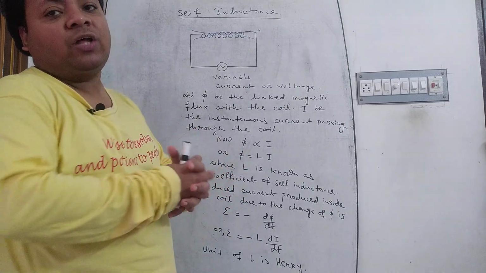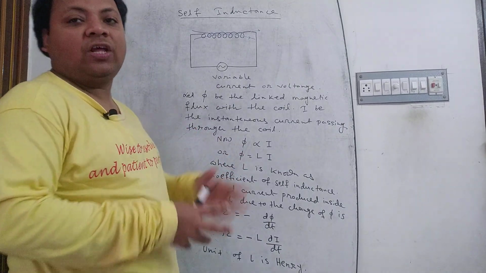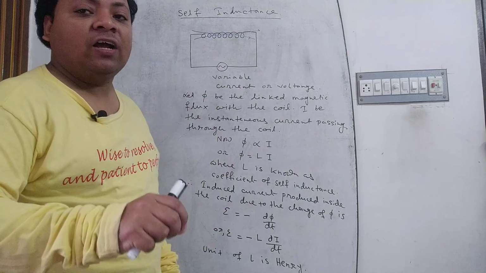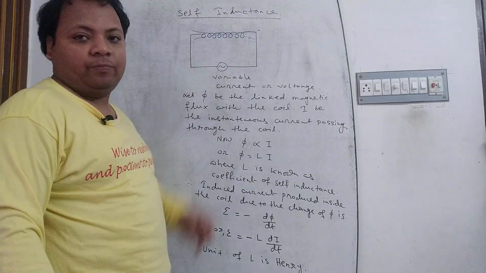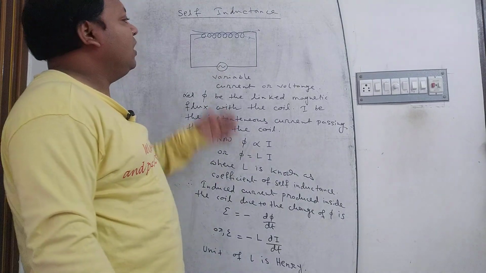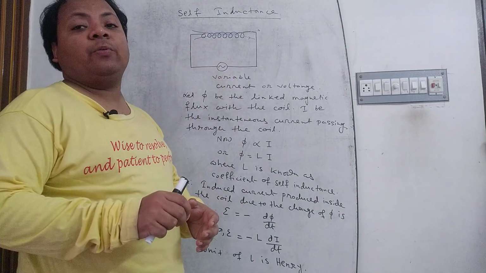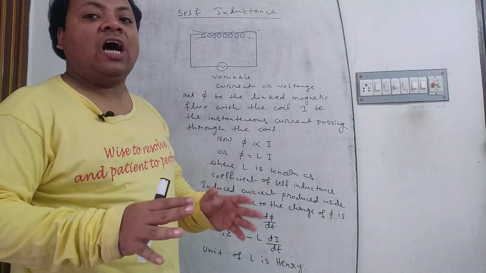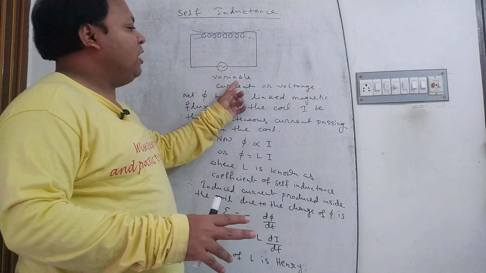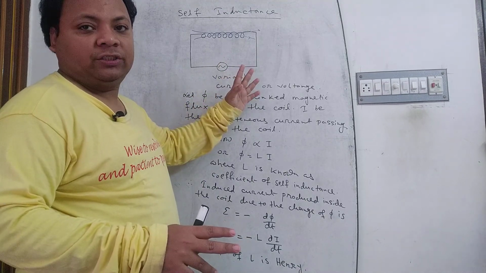Due to the change of the linked magnetic field, another EMF is induced inside this coil. This induced EMF acts opposite to the input EMF or input voltage.